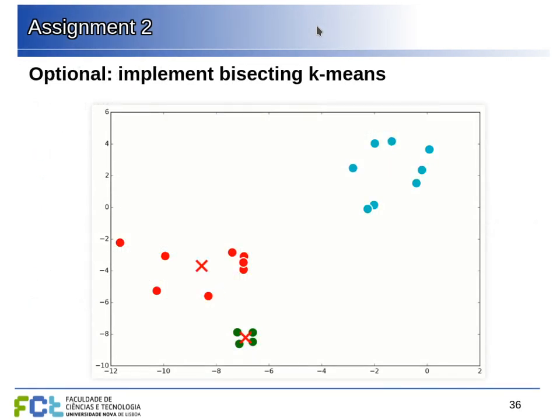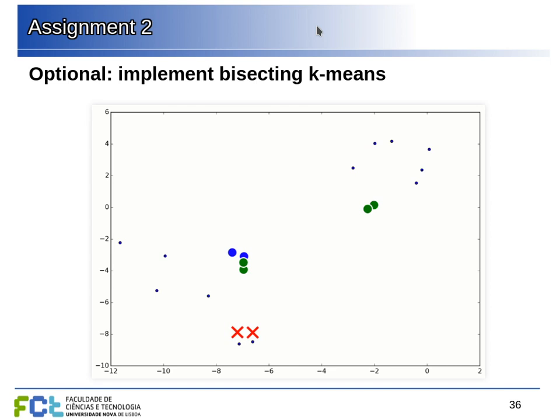As an optional part of the assignment, so this is only worth a small fraction of the grade, you can implement bisecting k-means and see if with bisecting k-means, with hierarchical clustering, you have a better result than with the other clustering methods. So this one you'll have to implement yourself. We don't have bisecting k-means in scikit-learn, but after you do this, then you can also use the auxiliary functions I provide to represent the hierarchical clusters.